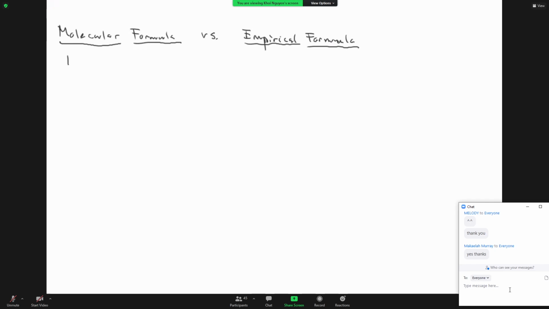So the molecular formula has the actual mole ratios, while the empirical formula has the smallest whole number ratio of atoms.